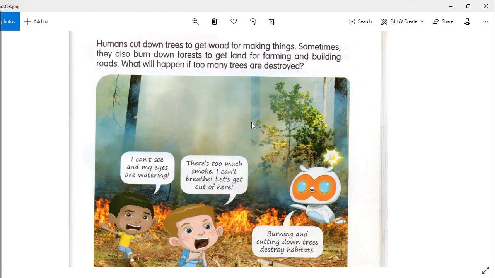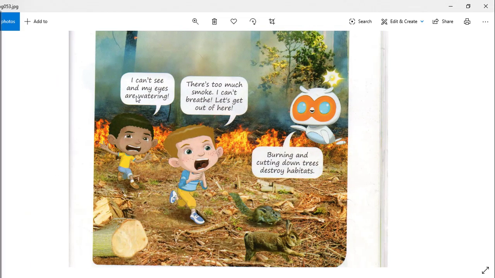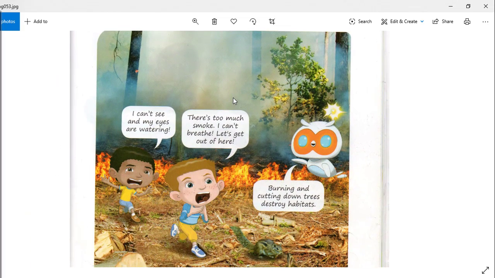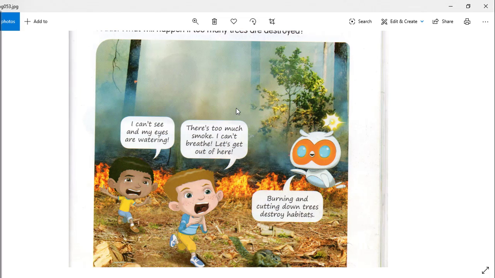Humans like to cut down the trees and then open new land for farming or building roads or even their houses. Not only do they cut the trees, but to make it fast, they burn the forest. They burn the forest. So it is really bad.